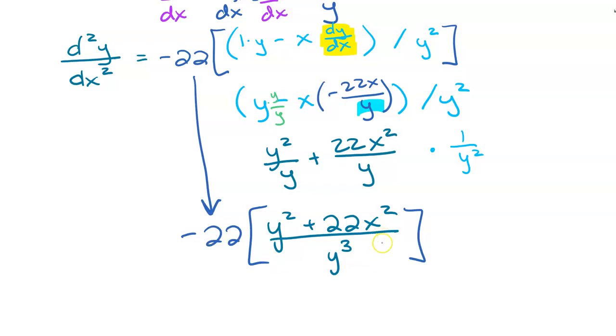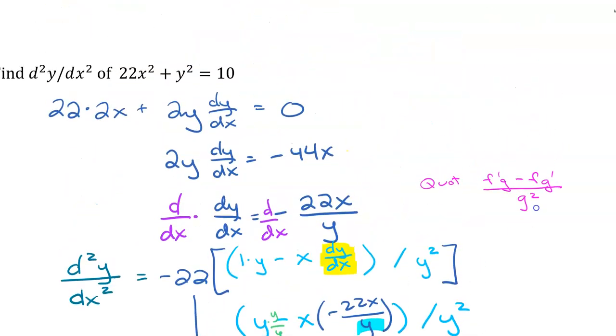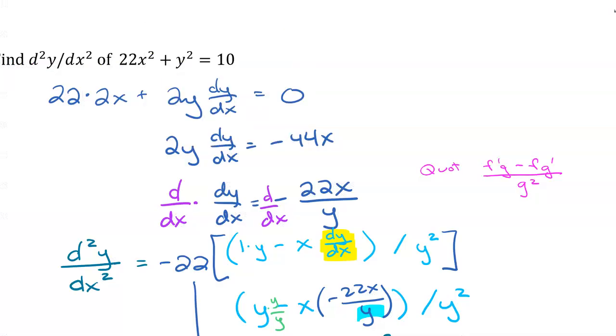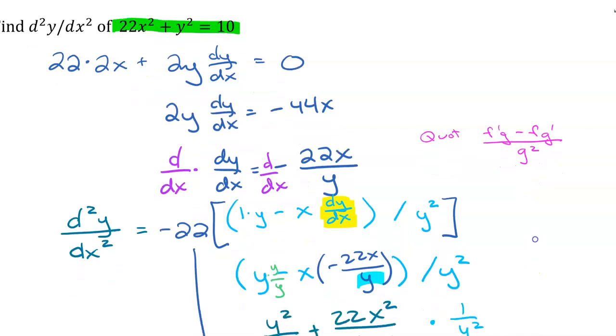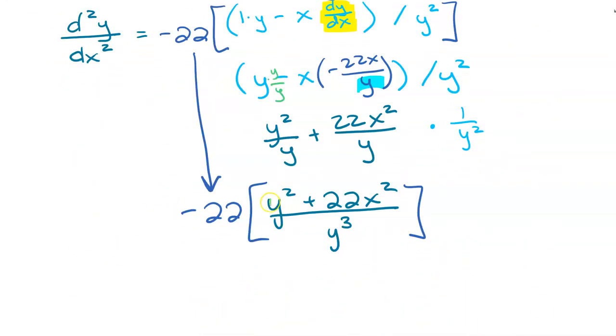Or I could, but I remember something. What do I remember? I remember what I started with. And what I started with told me, point blank, that 22x squared plus y squared equals 10. Well, what did I just find? 22x squared plus y squared. I can rewrite that as 10 over y cubed.